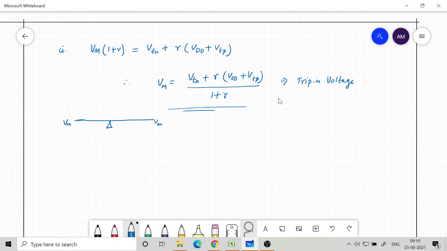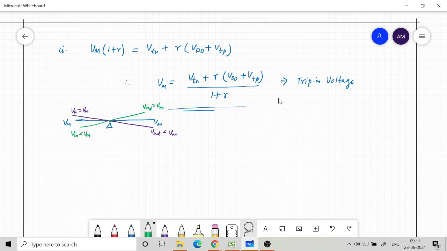But if input goes a little high, what will happen? It will bend like this. Right? So the tripping point is basically Vm. So here input greater than Vm, so output will be less than Vm. And similarly, if input is less than Vm, then output is going to be greater than Vm.